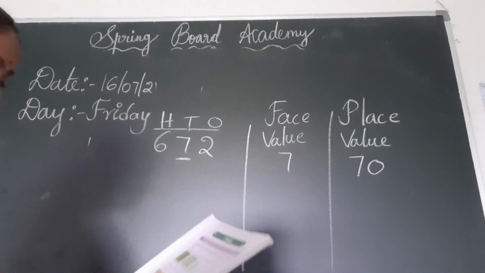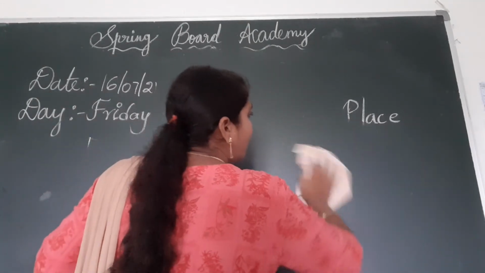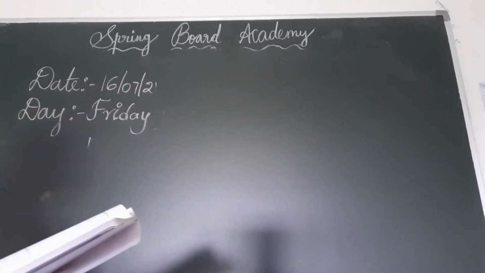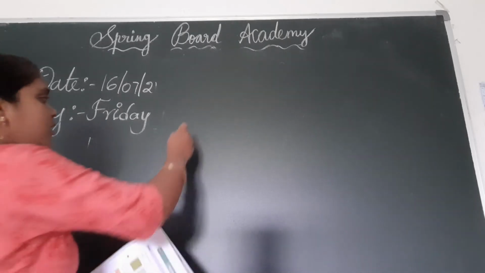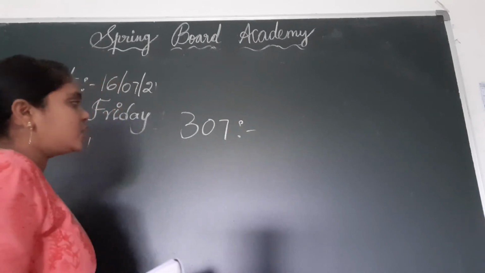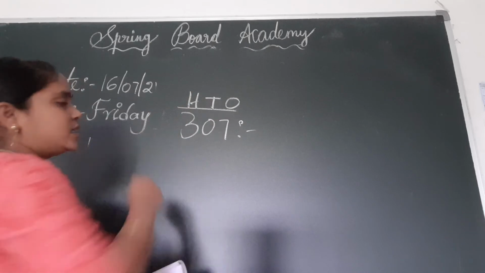And then the third Roman: write the expanded form of the given numbers. What does expanded form mean? Expanded form is writing a number as the sum of the place values. First, given is 307. Ones place, tens place and hundreds place.